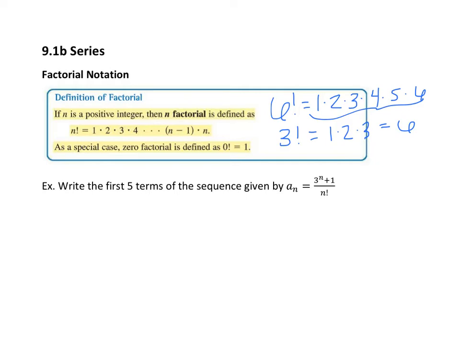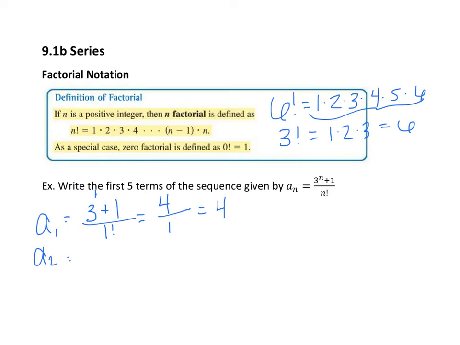So write the first 5 terms of the sequence given, and now it's giving you a little factorial notation. So if I'm trying to write the first term, this would be 3 to the 1 plus 1 over 1 factorial. So that's 4 over, well, 1 only gets to 1, so 4.